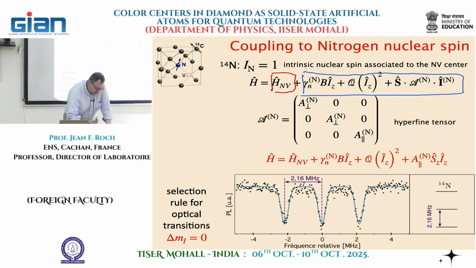One which is longitudinal, which corresponds to an interaction between the two spins that are aligned, and another one that is perpendicular, which corresponds to the interaction between spin up for the NV, for instance, and spin perpendicular for the nuclei.